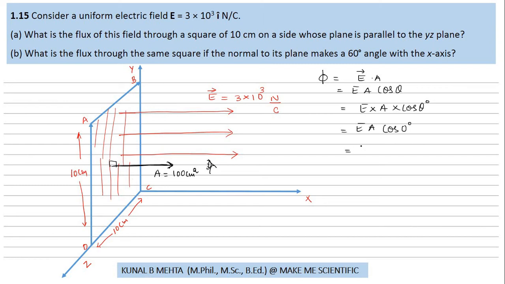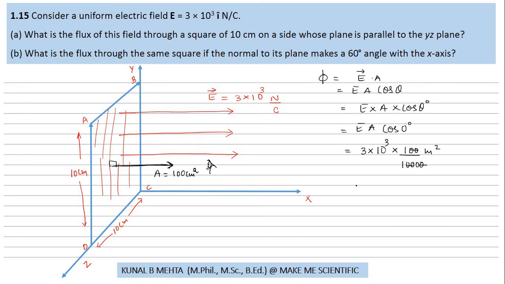So here it will be the electric field, which is already given, and we need to check that everything is in SI units. So 3 into 10 raised to 3 multiplied by, since it is 100 centimeters square, we need to convert that into meter square, so divided by 10,000 meter square, right? And these two zeros cancel.